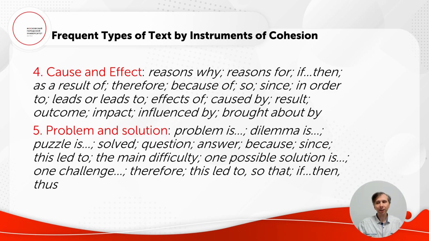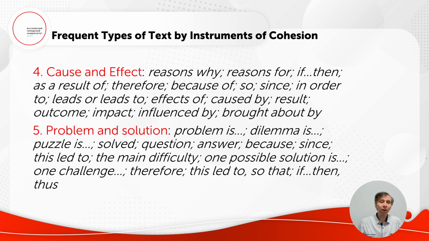Then cause and effect texts, where we are shown reasons why, reasons for, if, then, therefore, because of, since, in order to, effects of, caused by, result, and so on. And finally, the problem and solution texts. The problem is, the dilemma is, the puzzle is, question, answer, because, since, this led to, the main difficulty, therefore, so that, if, then, thus.